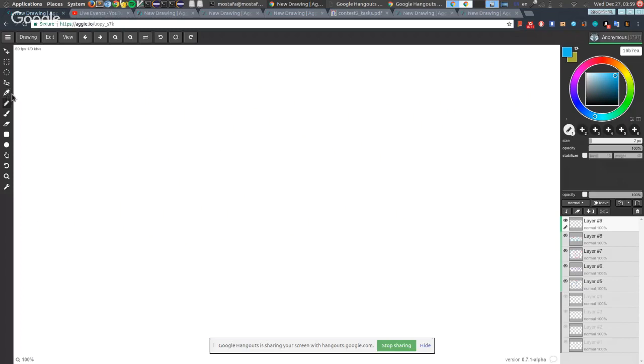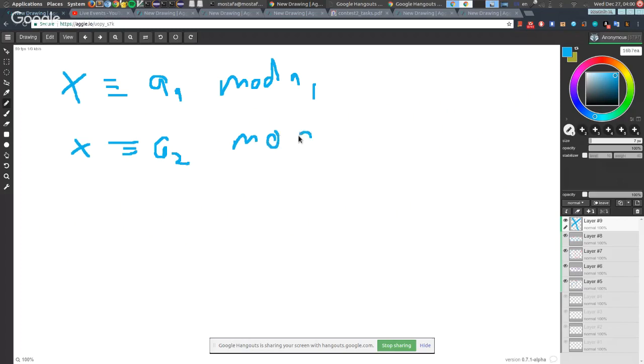So this is done using what's called the Chinese remainder theorem. I will explain how to do it on two equations first, and then we can try to generalize it. So we begin by saying that we have some x, which is congruent to a1 mod n1, and a2 mod n2.